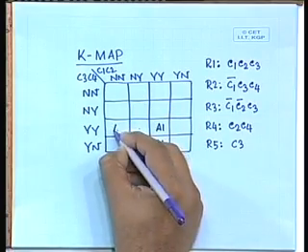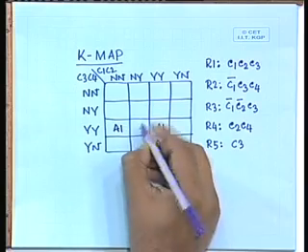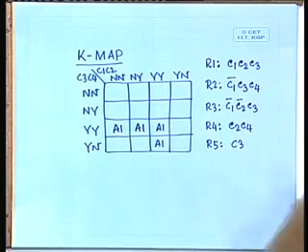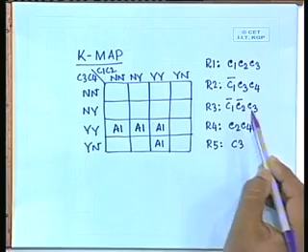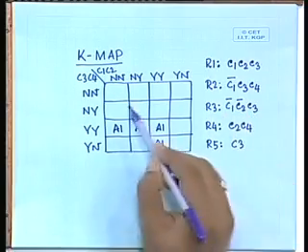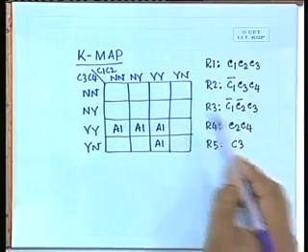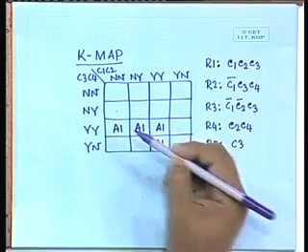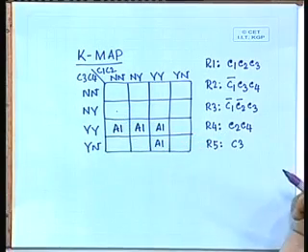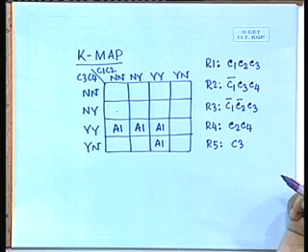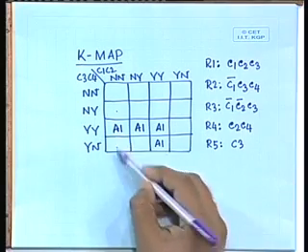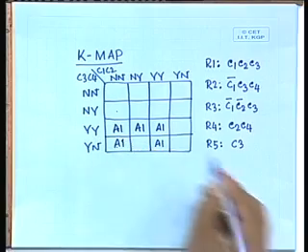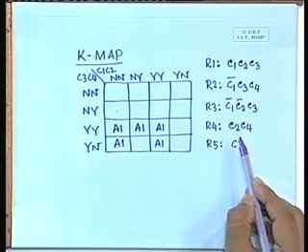So, we write A1, A1. Then the third rule, where C1 bar and C2 bar, that means both are no and C3 is yes. So, actually these two. I am sorry, these two. Already one A1 is there, so another A1. Then C2, C4.